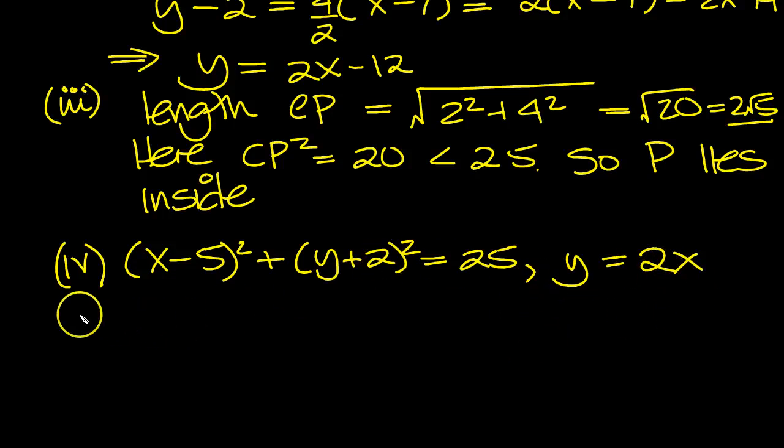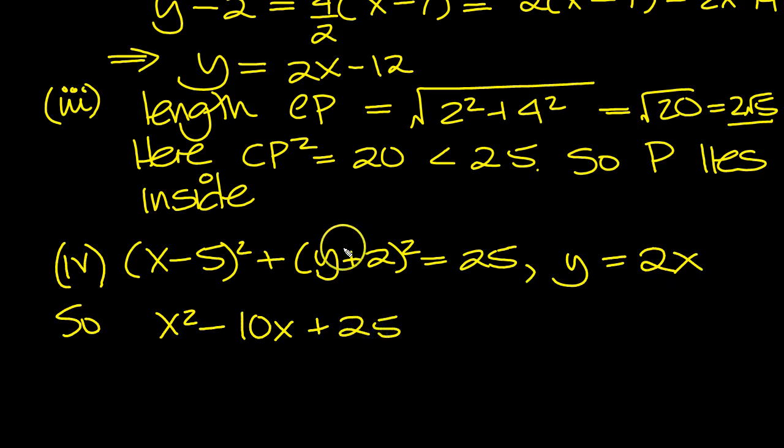So let's sub in this then. So here we've got x squared. I'm going to expand this bracket: −10x + 25. Here we can put 2x in here. So when we square this bracket, we'll get 4x squared, plus 8x, plus a 4.